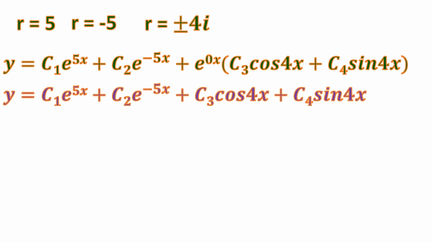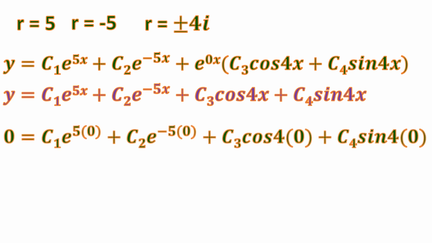So to do that, we're gonna substitute. Since e raised to the 0x, by the way, is 1, you may remove that. So substitute the given values. It was given that y of 0 is 0, so it means if x is 0, we're gonna change the y to 0.